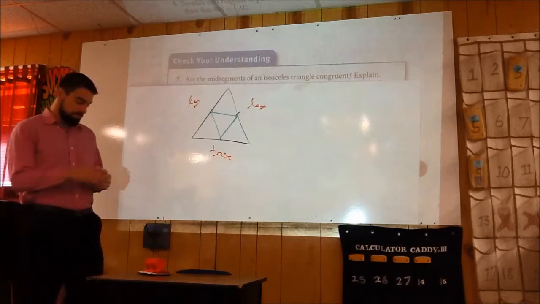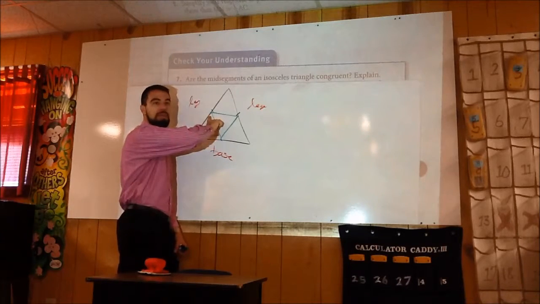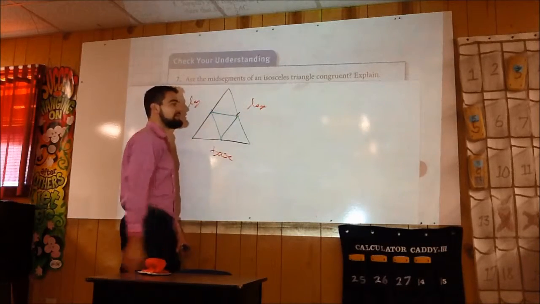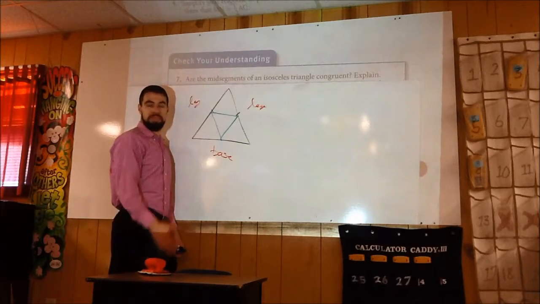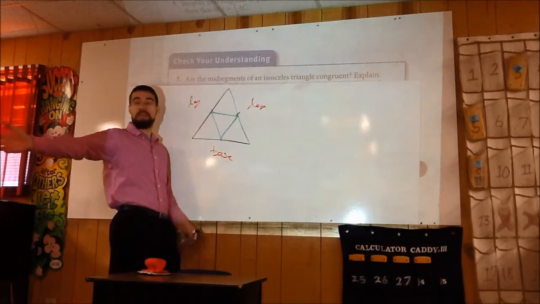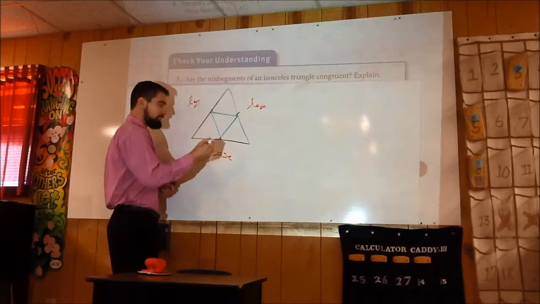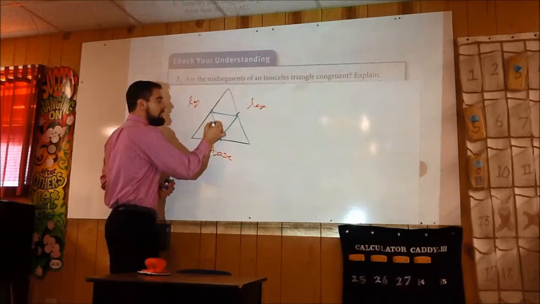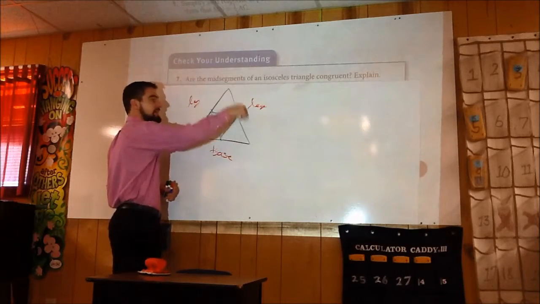So, what do we know to be true about a midsegment and that third side? It's parallel and what? It's half the size, okay? So, whatever that length is, it's half of this leg.